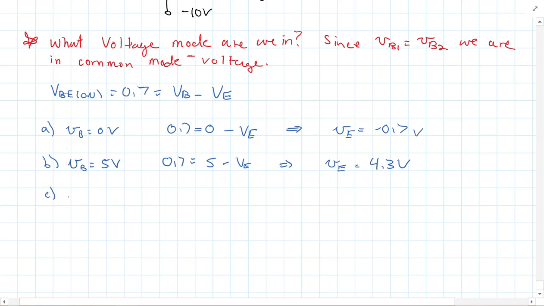In part C, if VB is negative 5 volts, we'd get 0.7 is equal to negative 5 minus VE, and VE would be negative 5.7 volts.